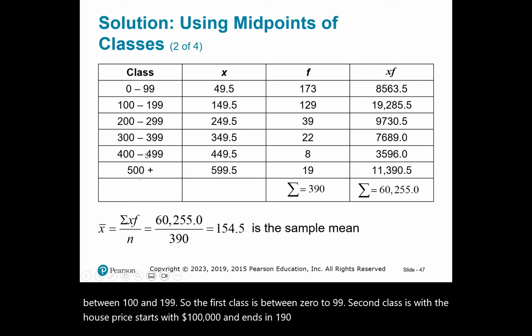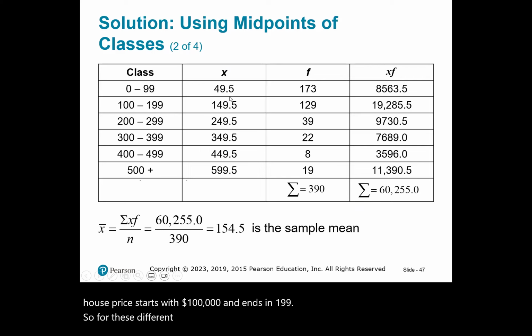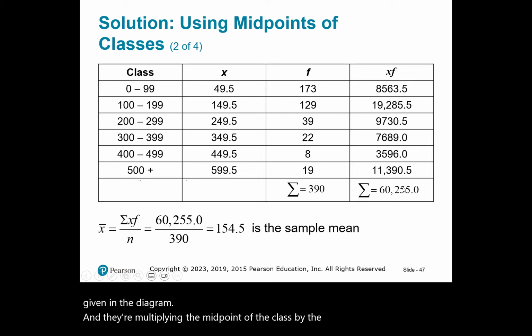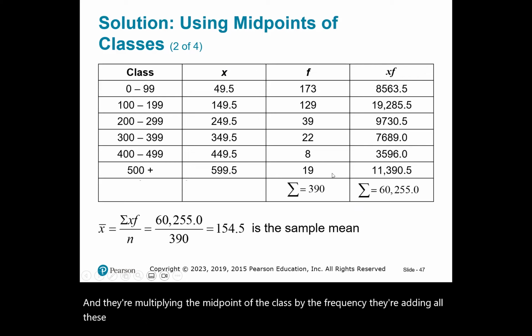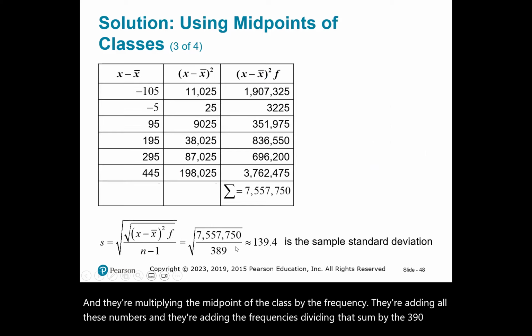For these different classes, first they find the midpoints, and the frequency is given in the diagram, and they multiply the midpoint of the class by the frequency. They add all these numbers, add the frequencies, and divide that sum by the 390. 154.5 is the sample mean.